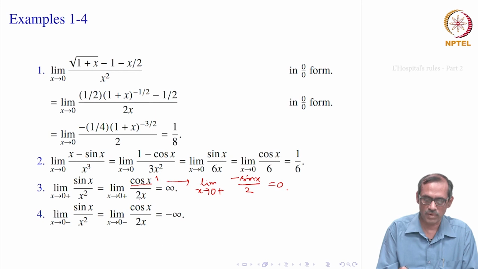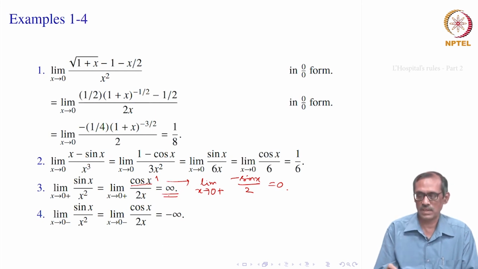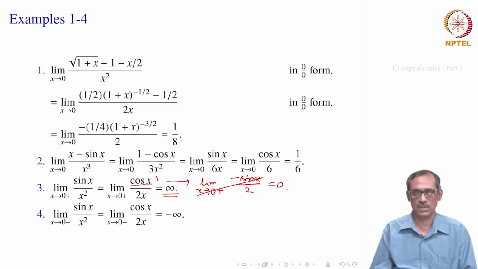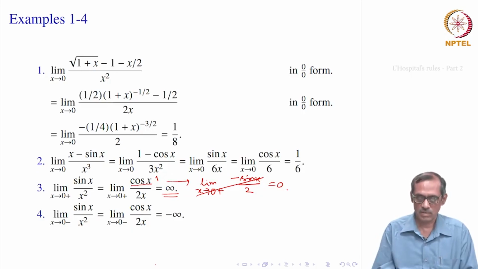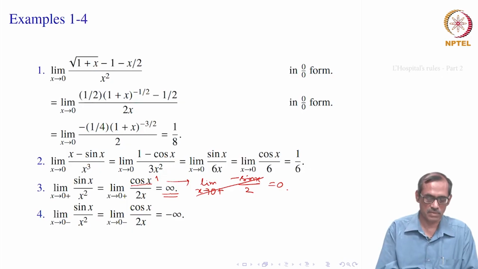It is in 1 by 0 form, x goes to 0 plus, that gives the answer as infinity, not this one, this will be wrong. So, you have to be really observant, not go on applying mechanically. We have to see whether it is satisfying all the conditions in L'Hopital's rule or not. So, you have to say the limit as x goes to 0 plus of sin x by x square is infinity.